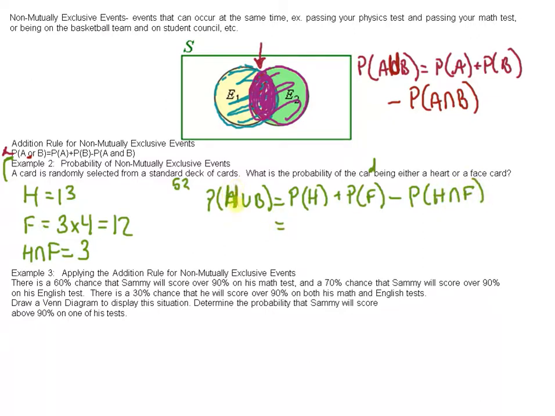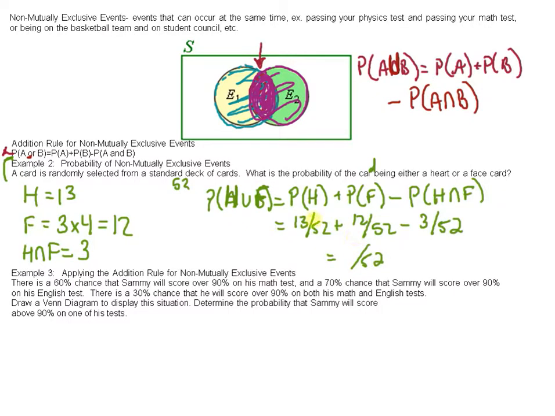Let's just change that to H and F, H or F, just so it aligns with the letters that we've been using. So the probability of a heart is 13 over 52. Probability of a face card is 12 over 52. And the probability of a heart and a face card is 3 over 52.